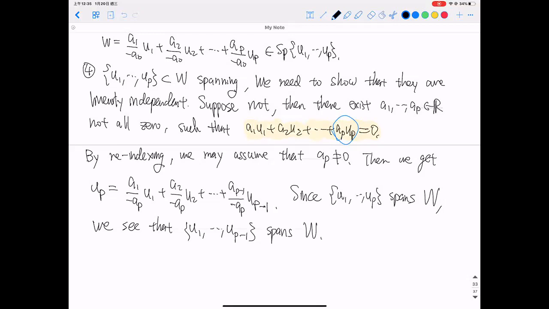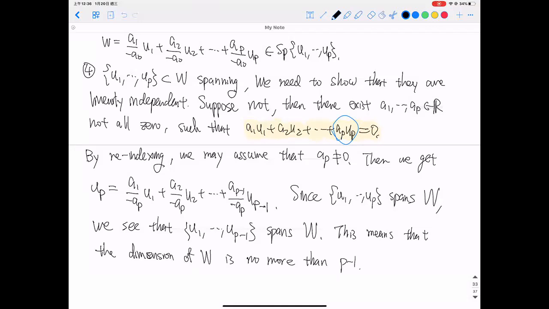Now, what does this mean? This means that the dimension of W is no more than p minus 1, right?